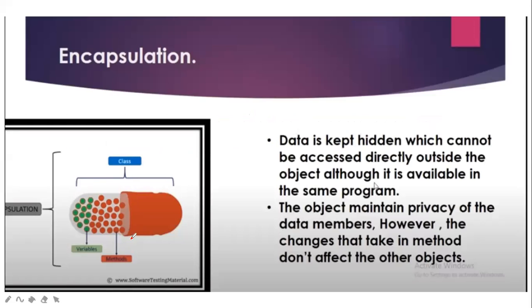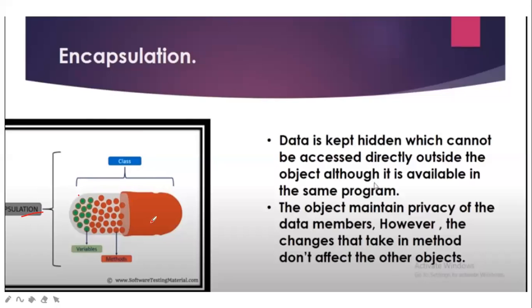We have a capsule, right? We take it as a capsule in which some powder medicine is filled, right? So that particular process of hiding this medicine from the outside world is the process of encapsulation.